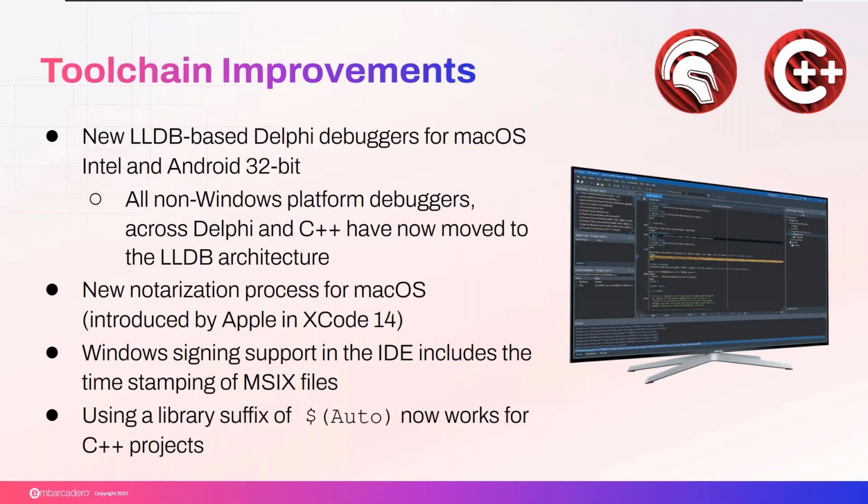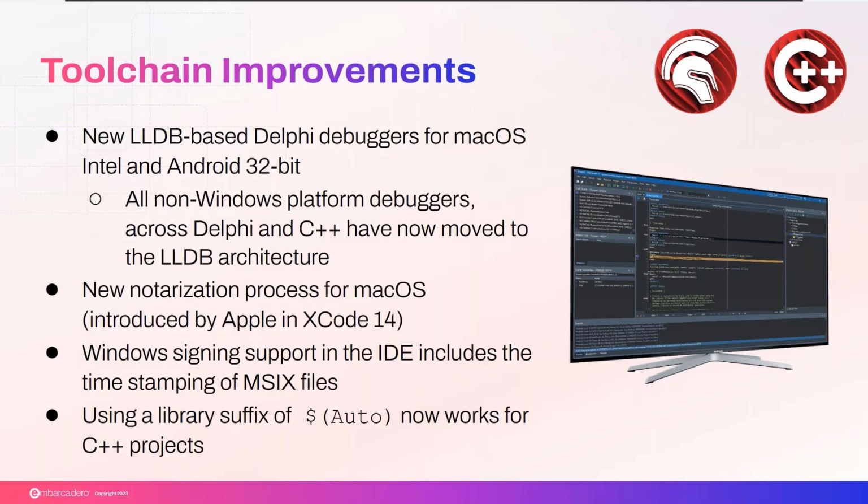There have been some toolchain improvements as well. A new LLDB-based Delphi debugger for macOS Intel and Android 32 bits. We'll talk about LLDB in a second in more detail because all the non-Windows platforms have been migrated to LLDB. We have a new notarization process for macOS, which has been introduced by Apple in Xcode 14. And Windows sign-in support in the IDE includes the timestamping of MSIX files.